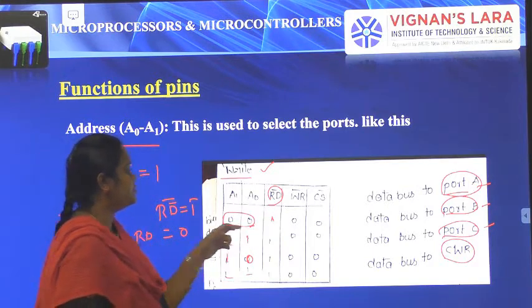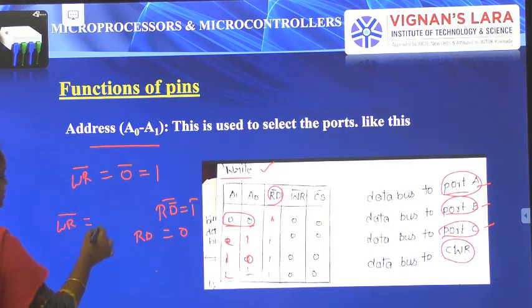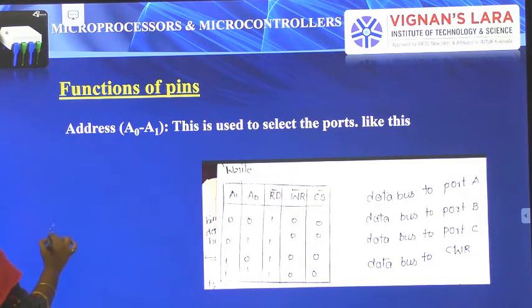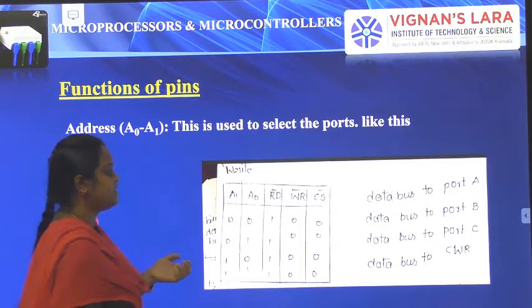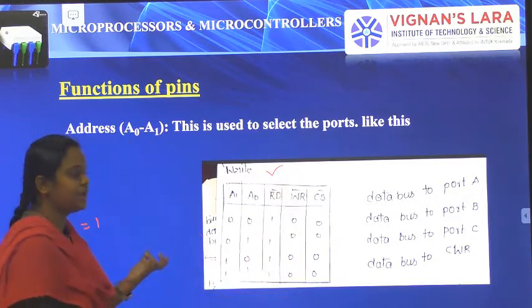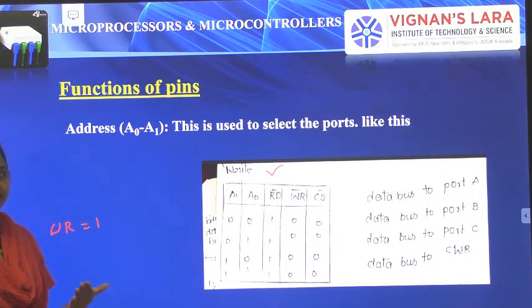So the write operation is active, and the 8255 is going to write the data, that means fetching the data from the input output devices or the 8086 microprocessor.